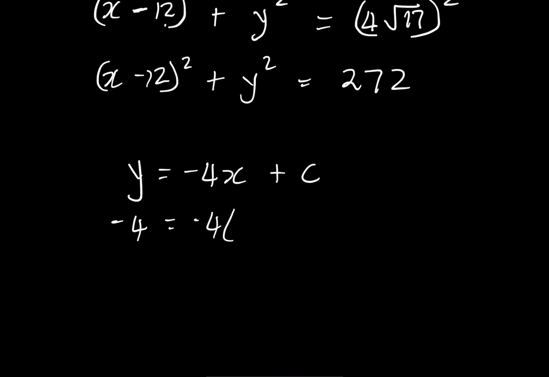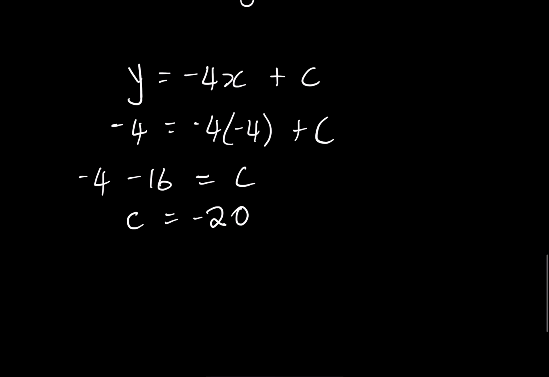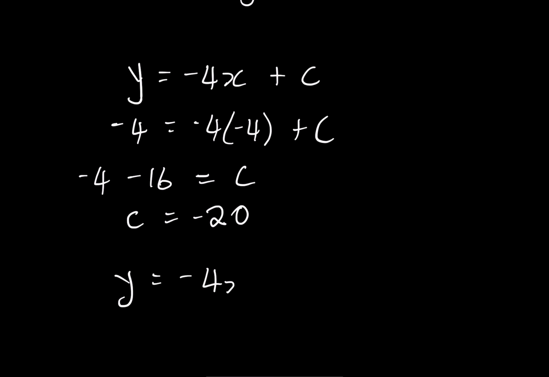So this is going to be 4 equals -4 times -4 plus c. The -4 times -4 gives us positive 16. We take it to the other side, becomes -16. So 4 minus 16 is equal to c. So our c value is equal to -12. So the equation of our tangent would simply be y is equal to -4x minus 12.